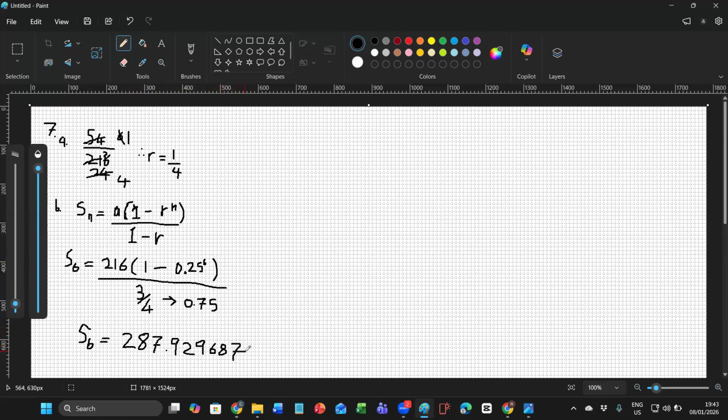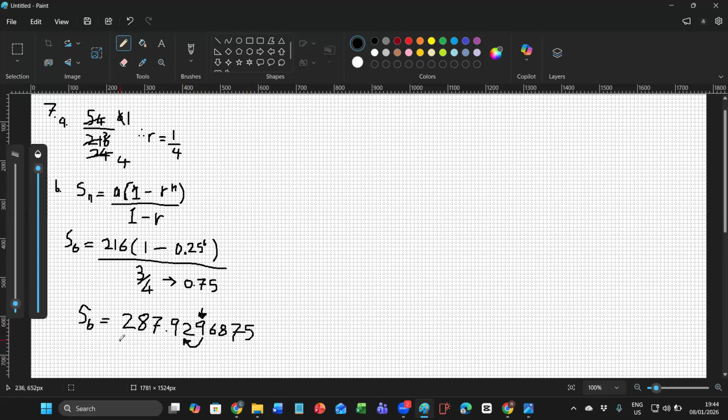In any case, we will need all these decimal places. Let's focus on this. We're starting from here because this one is 3 decimal places, and this is what will tell us what should happen. The 9 will make this 2 become 3, and that will leave us with 287.93.